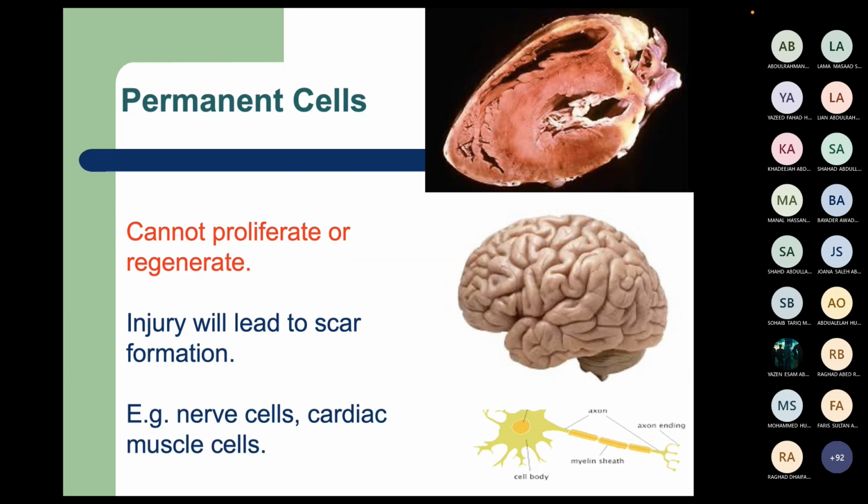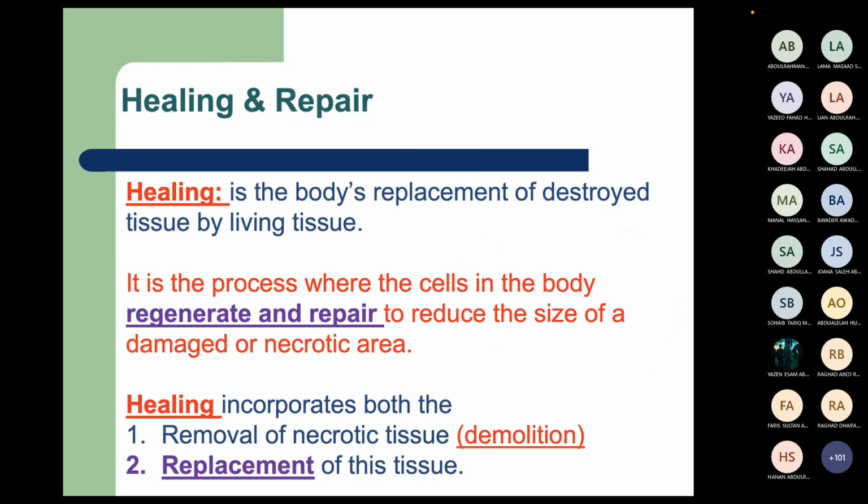The neurons in the hippocampus gyrus and the olfactory bulb can divide, but very little. So there's no regeneration actually, which is why they are called permanent cells. Whenever there's an injury to these two organs, there'll be scar formation, collagen formation. The examples are the nerve cells and the cardiac cells. So the three types: labile cells, stable cells, and permanent cells.